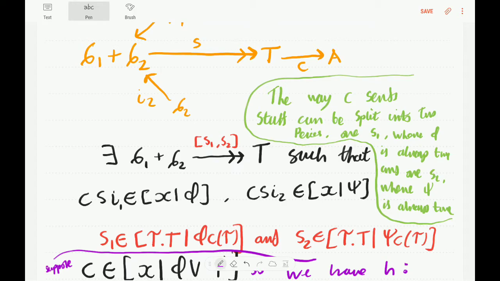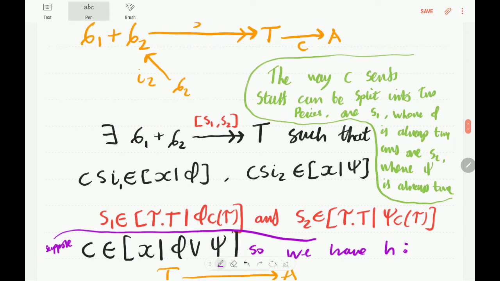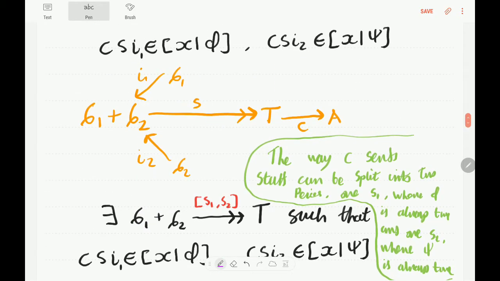So the argument for this, I don't follow it fully, but I'll go through the parts I follow.